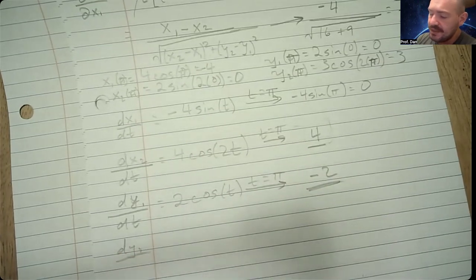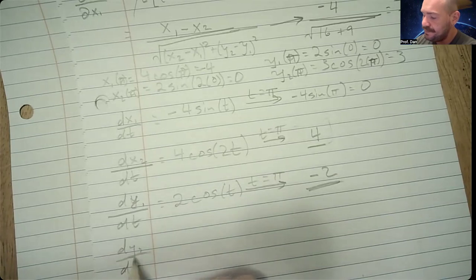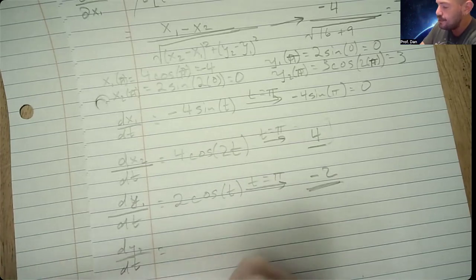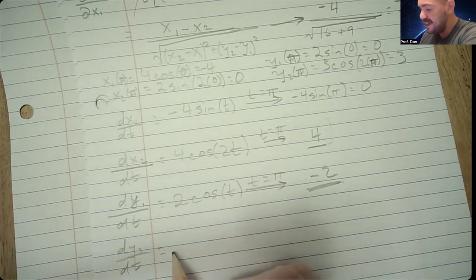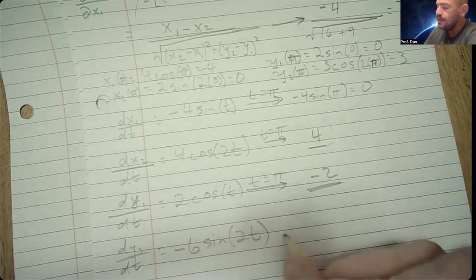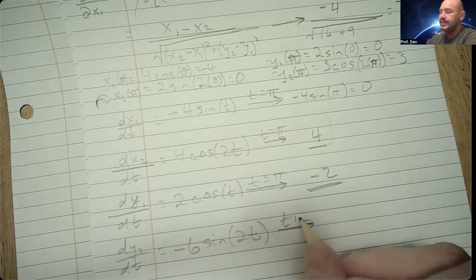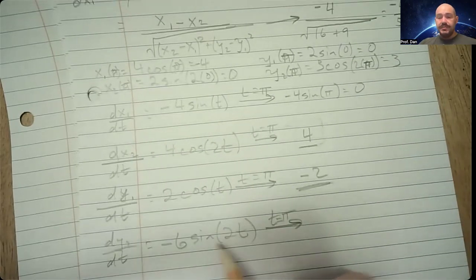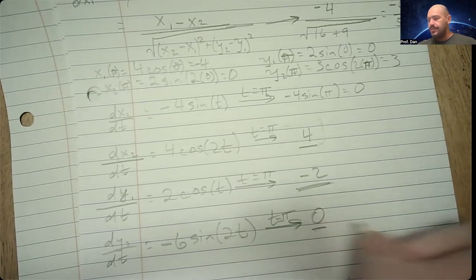And then for the last one, we know that y2 is 3 cosine 2t, so its derivative will be -6 sine of 2t. If I plug in pi for t, then I know sine of 2 pi is 0. Times -6, we get 0.